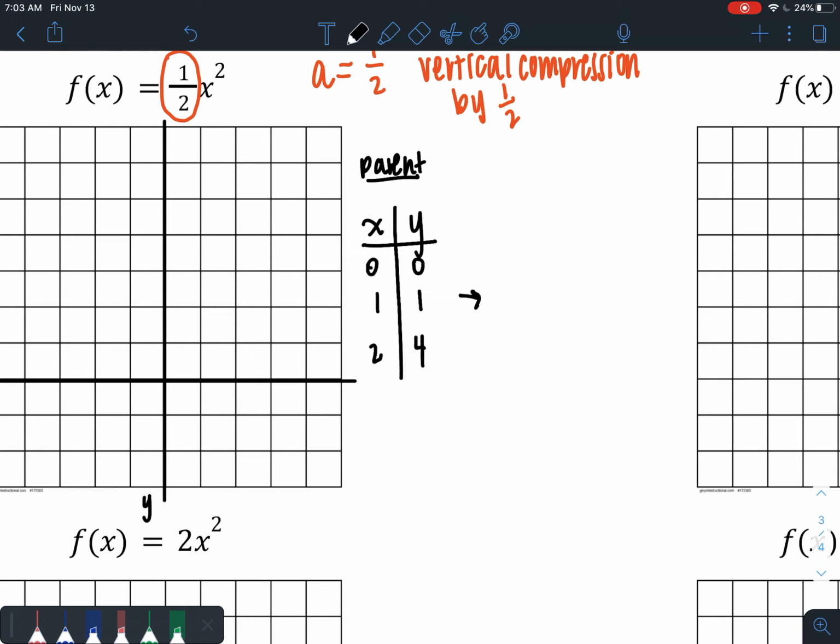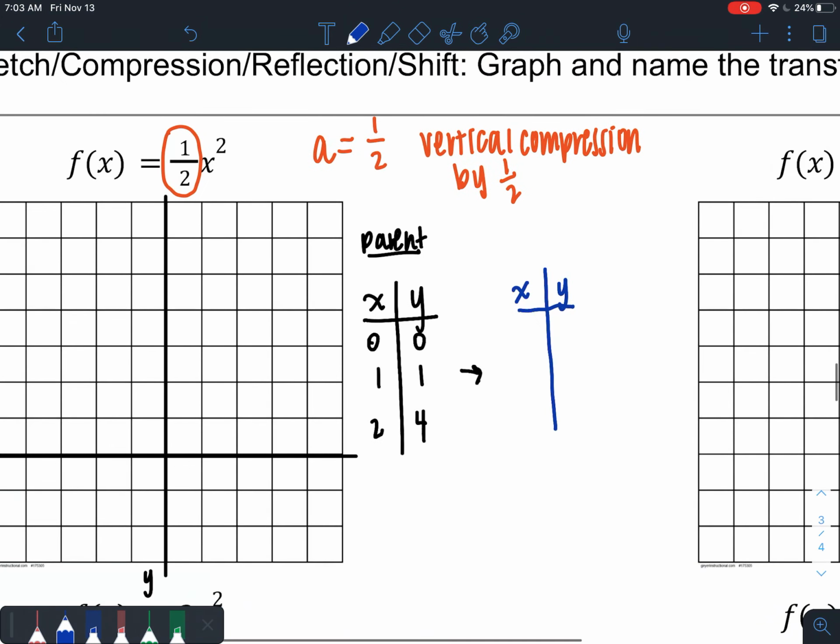And these are going to become, change my color again. This value, 1/2, is changing y, so I need to multiply all my y values by 1/2.